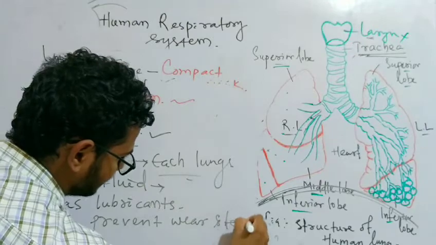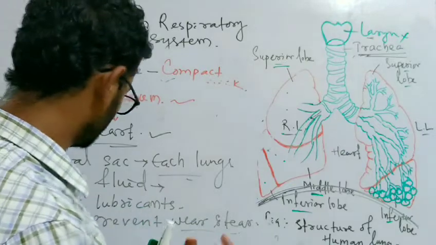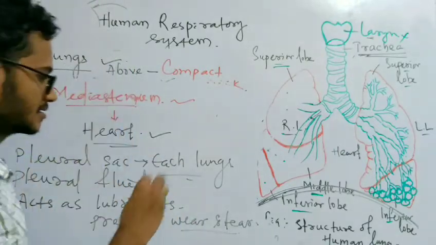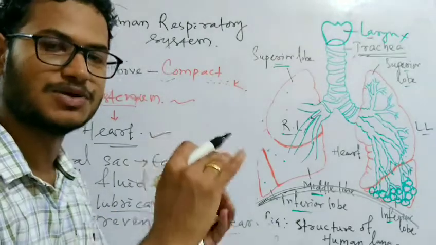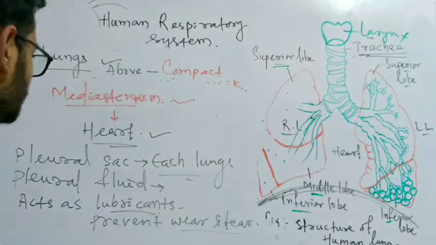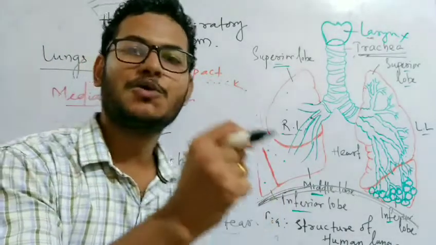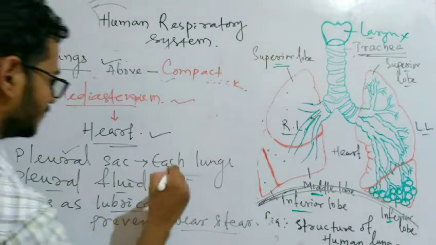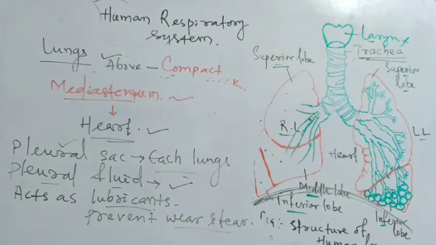Any damage to the lungs can be avoided with the help of the lubricant which is present between the two layers, the two-layer protecting system of the lungs, which forms a cavity known as the pleural cavity or pleural sac that contains the pleural fluid in order to avoid any type of damage. Okay, so damage can be avoided by the pleural fluid.